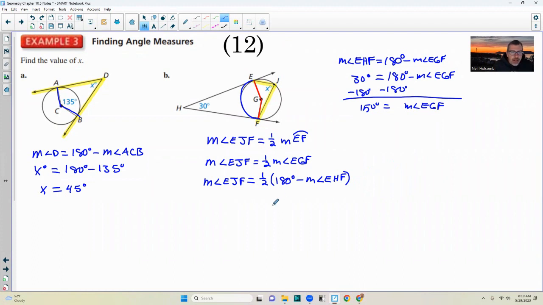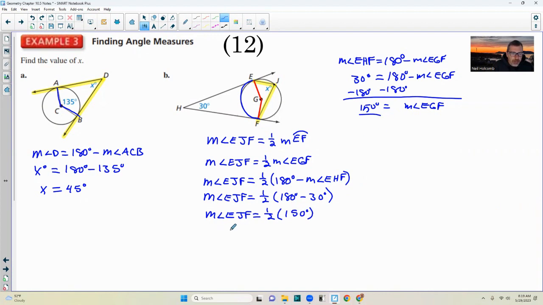Okay. Then we have the measure of angle EJF equal to 1/2 of 180 minus EHF, 30 degrees. So the measure of angle EJF is 1/2 of 180 minus 30, which is 150, like I had right here.